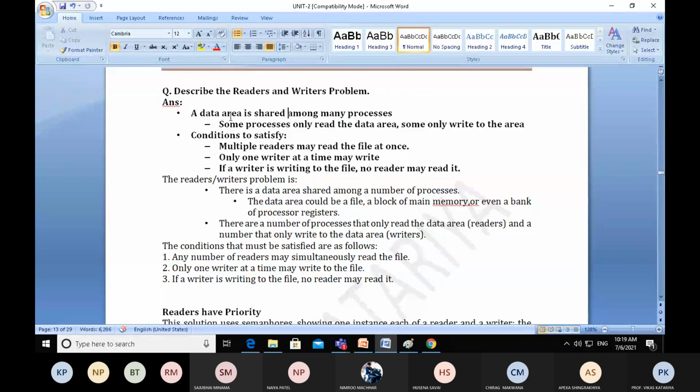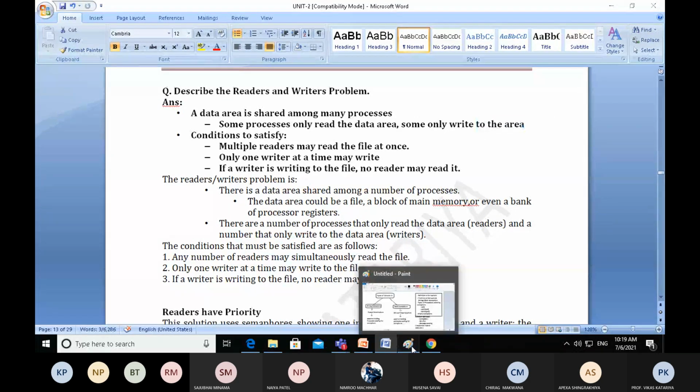The reader writer problem tells us there is a data area shared between processes. At minimum we have two processes, and at maximum any number of processes, but remember the data area will be shared and it should be one. Some processes only read the data area, some only write to the area.